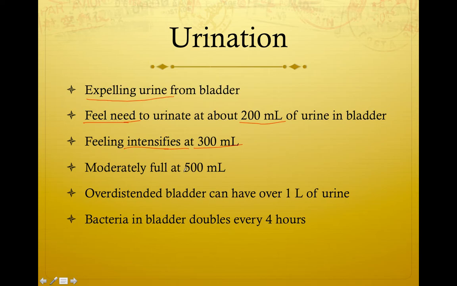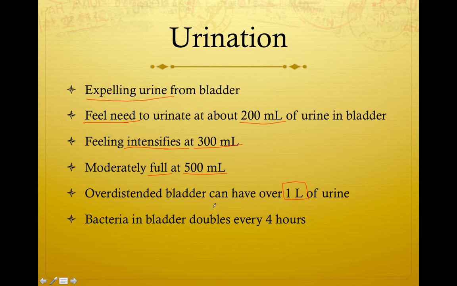At 500, it's becoming a little more of an urgency. Your bladder can actually hold up to 1 liter or 1,000 milliliters of urine at one time. You'll notice it at 200, a little more feeling at 300, at 500 you're halfway there. You can get up to this. This would be rather uncomfortable, but you can get up to that as far as volume goes, up to 1 liter.